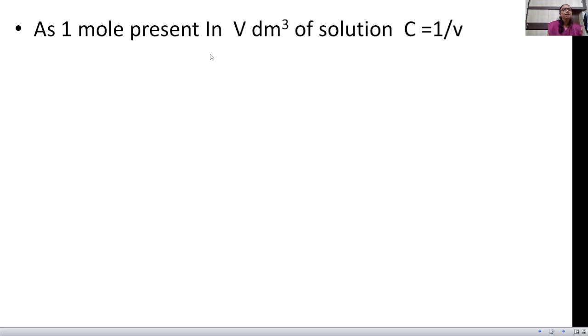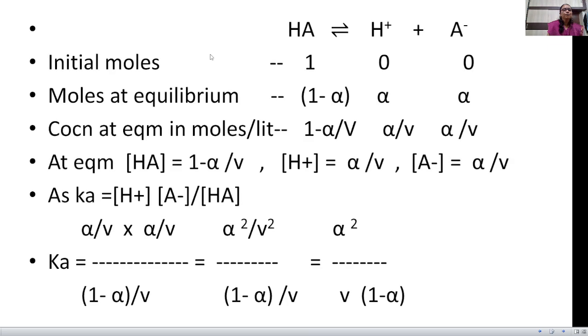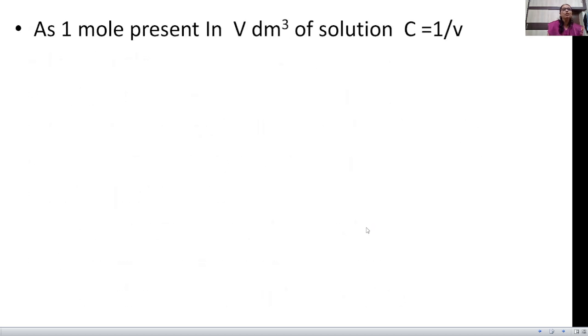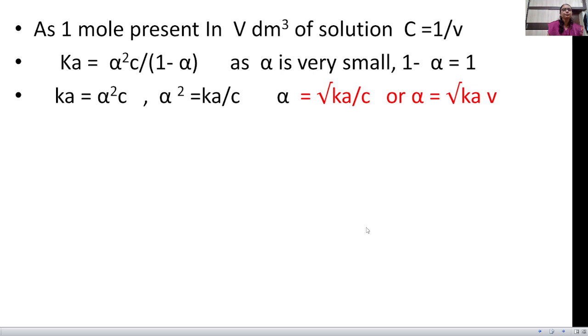By this, here you see alpha square upon phi. 1 upon phi means C. Therefore, Ka equal to alpha square into C upon 1 minus alpha. Ka equal to alpha square C upon 1 minus alpha.